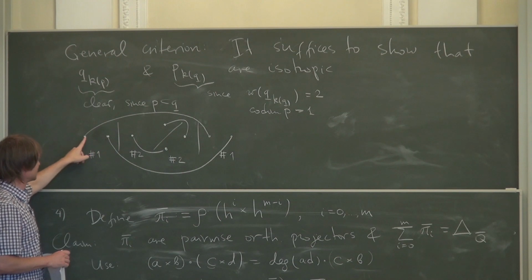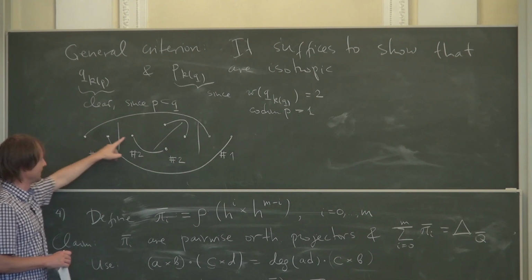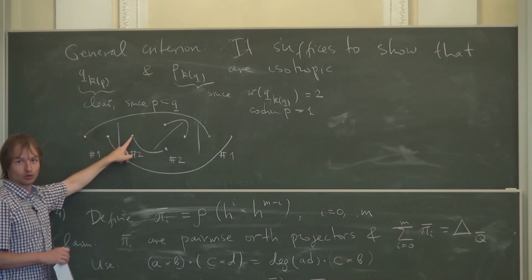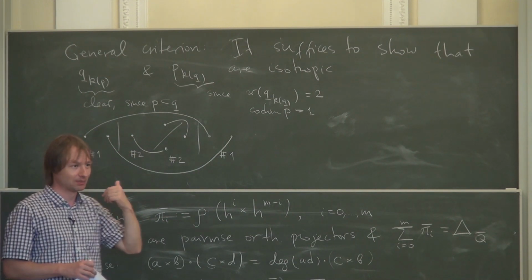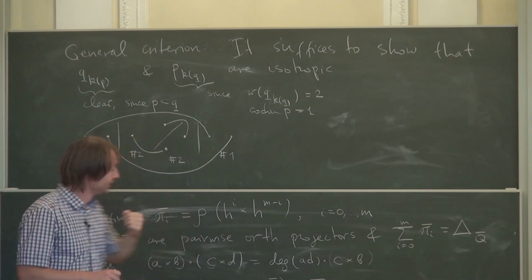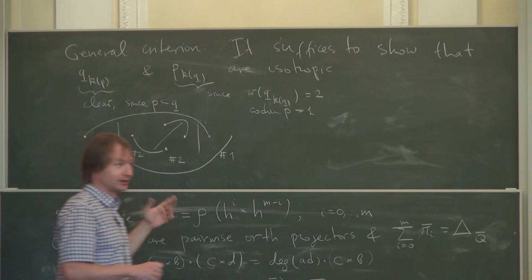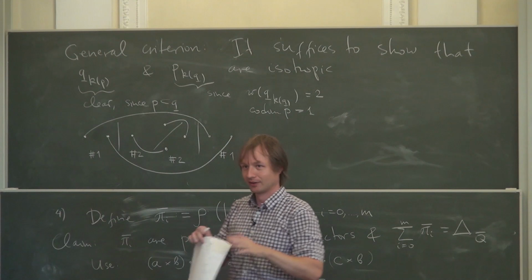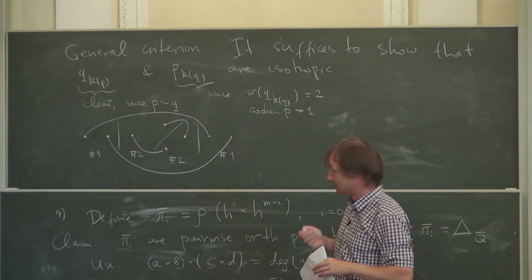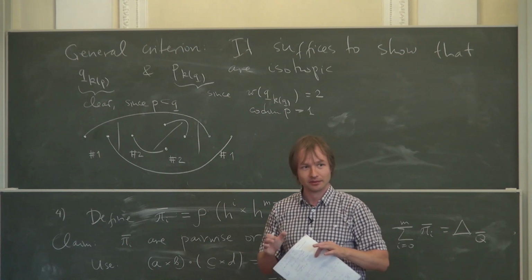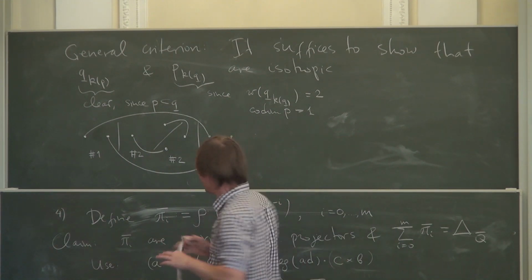But maybe this point could be connected to this point, or could be not. So there are 2 possibilities. So it's not a complete Mateviĭ decomposition. It's just a picture for connections which must be there. Maybe there are more connections.